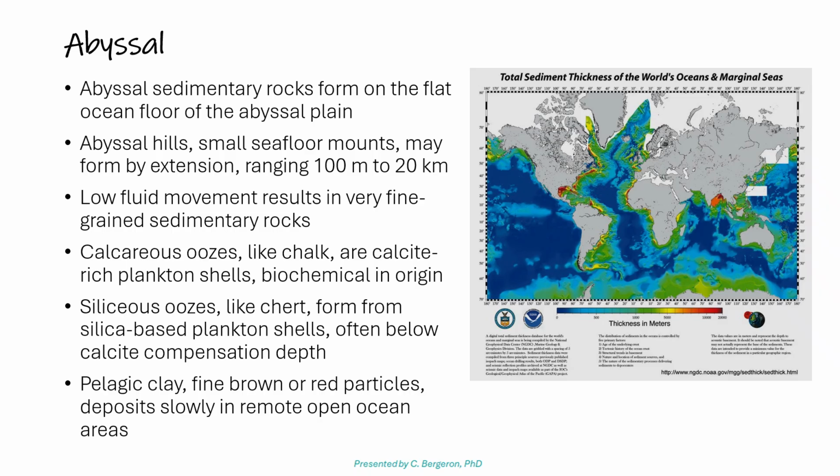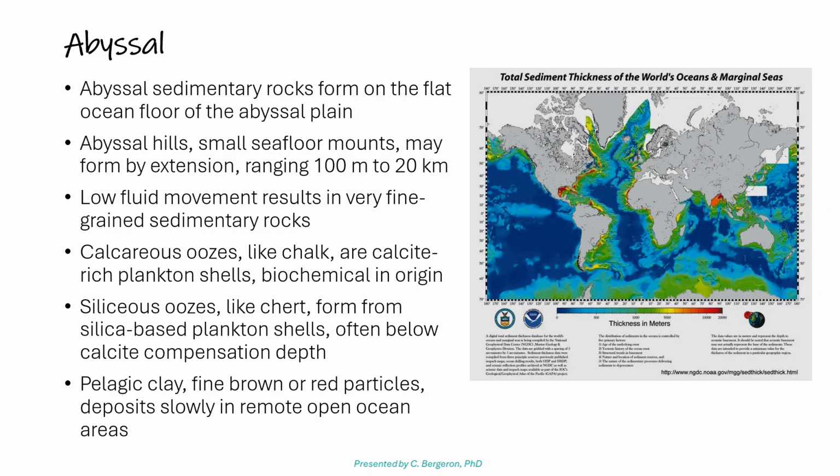There are minor topographical features here, usually pretty small seafloor mounts. Most abyssal plains do not experience significant fluid movement. Like once you're at the ocean bottom, there's not a lot going on. I mean, you get flow of water and you can get certain features called contourites.